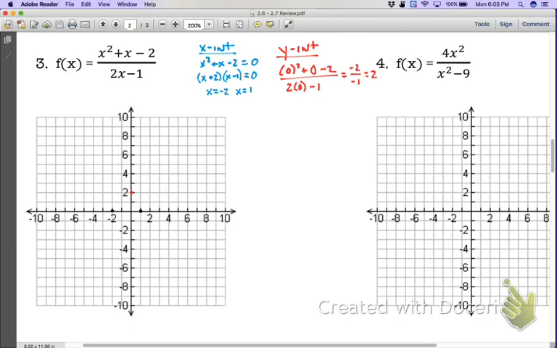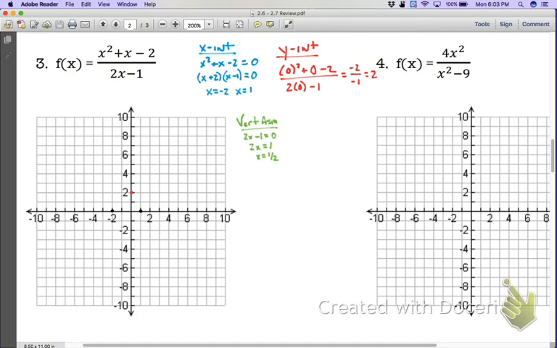So from there, let's find our vertical asymptote. All we need to do is set the bottom equal to 0 and see what x cannot be. So I'm going to have 2x minus 1 equals 0, so 2x is equal to 1, and x is going to be equal to 1/2.